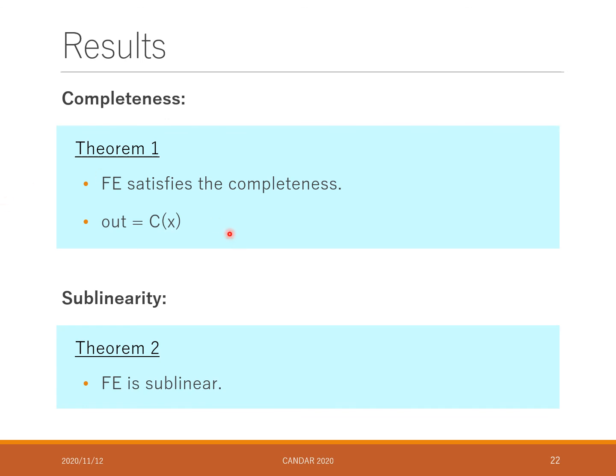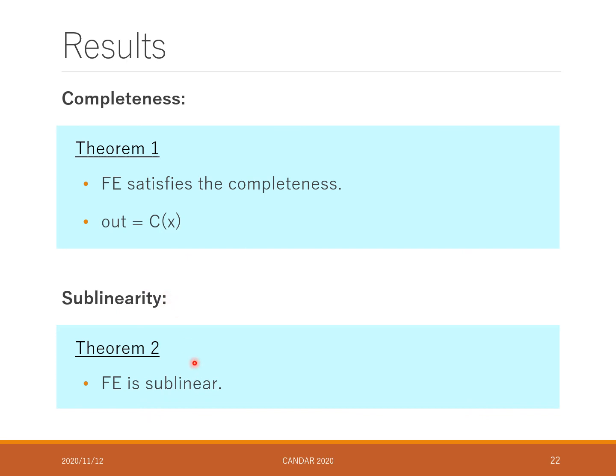Okay, for our construction of FE, we show three theorems. The first is completeness. Theorem 1 says our functional encryption FE satisfies completeness. That is, the final output out equals C(x). The second concerns sublinearity.